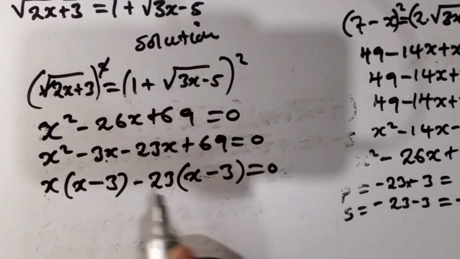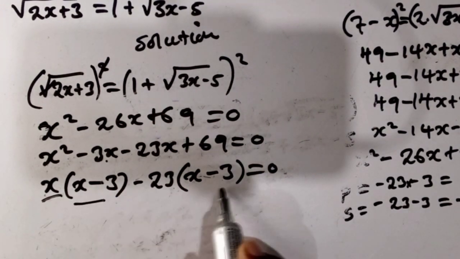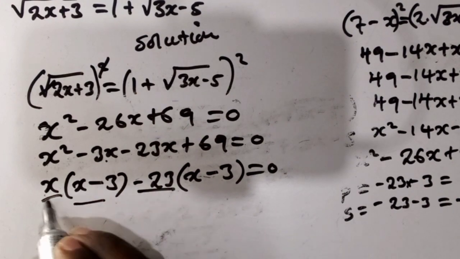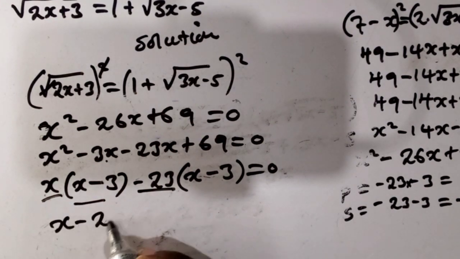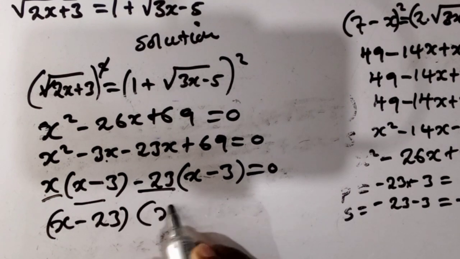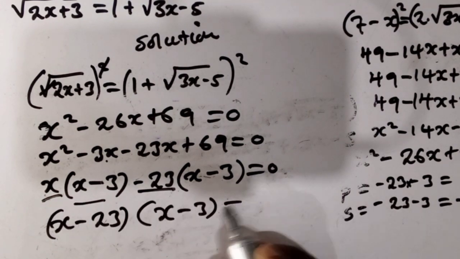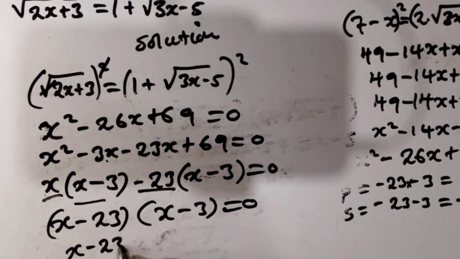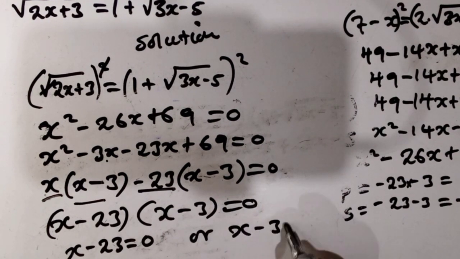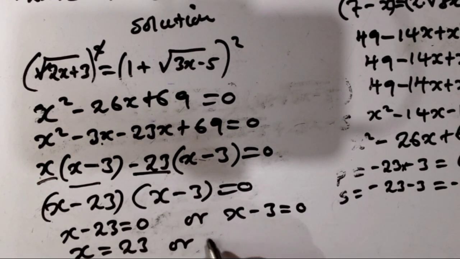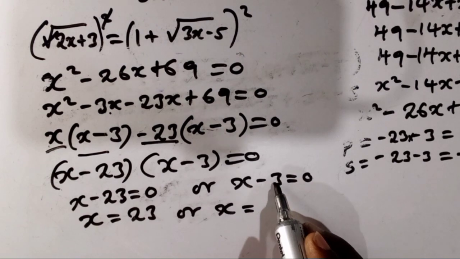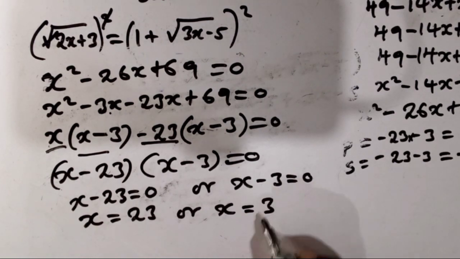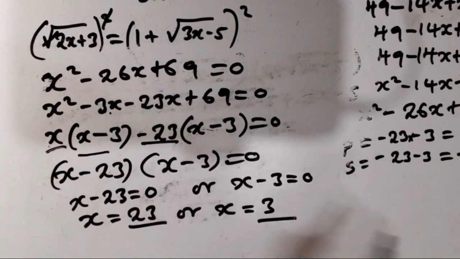This term and this one are equal, so we take x minus 23 and x minus 3 equals 0. Let's equate every factor to 0. So x minus 23 equals 0, or x minus 3 equals 0. So x equals 23, or x equals 3. These are our answers for this question.